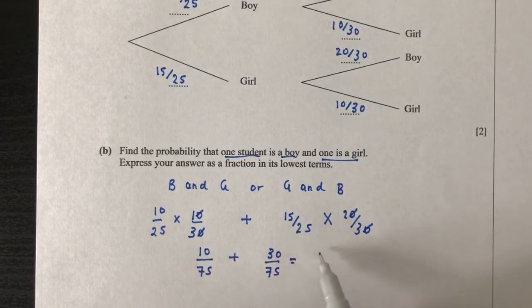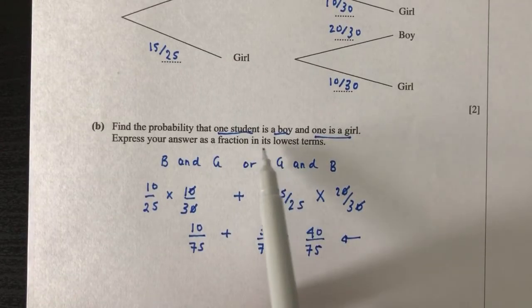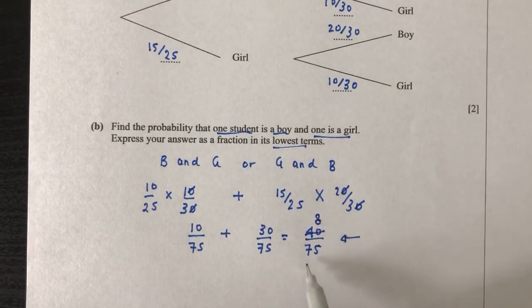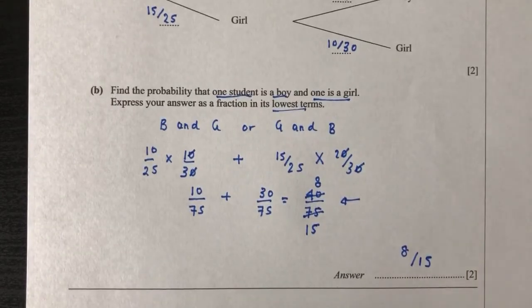So 10 plus 30, that will be 40 over 75. So your answer will be this, but you have to express in lowest terms. Divide by 5, we have 8 over 15. So 8 over 15 is your answer for part B.